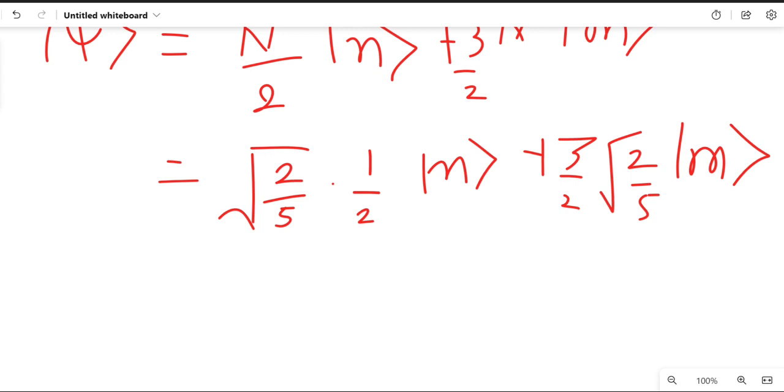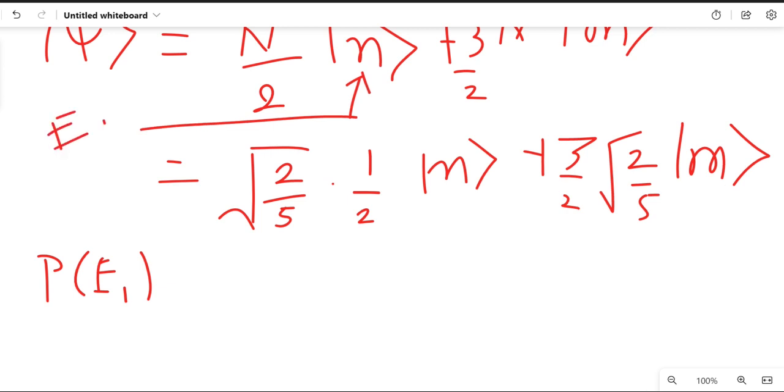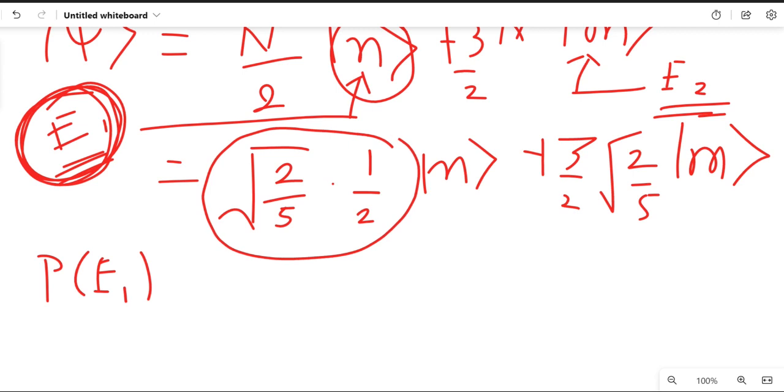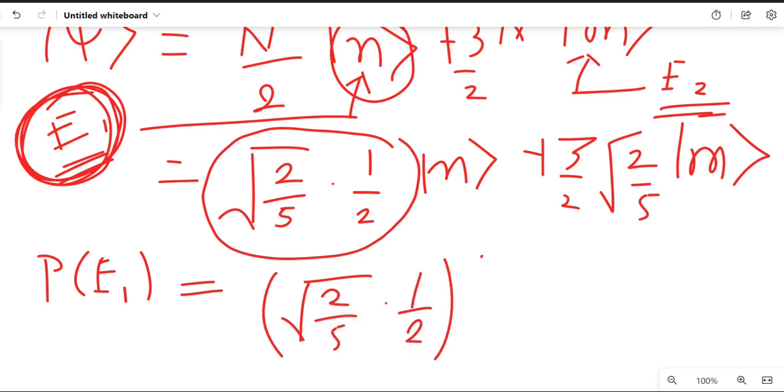Now we are asked to find the probability. For the probability of finding energy E1, you know the n state is related to energy E1 and the m state is related to energy E2. So it will be P of E1, and E1 is related to state n. Take the coefficient of the n state and square it. So P of E1 will be under root 2 by 5 into 1 by 2, whole square.